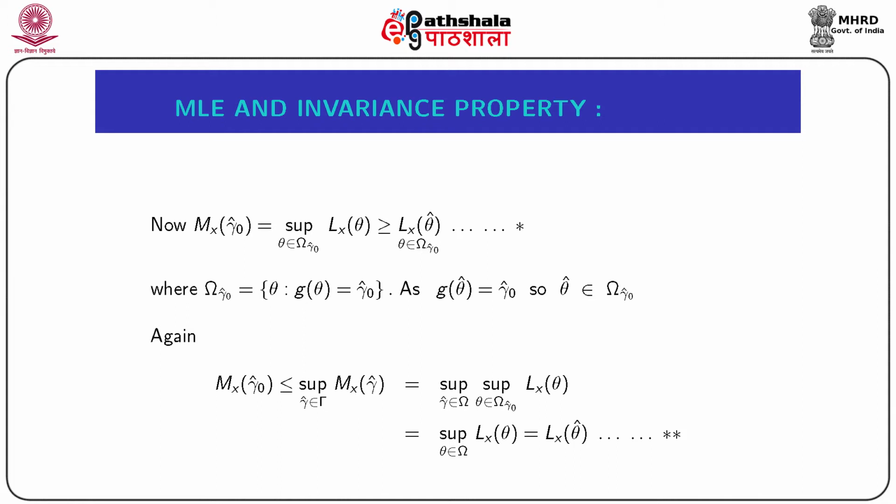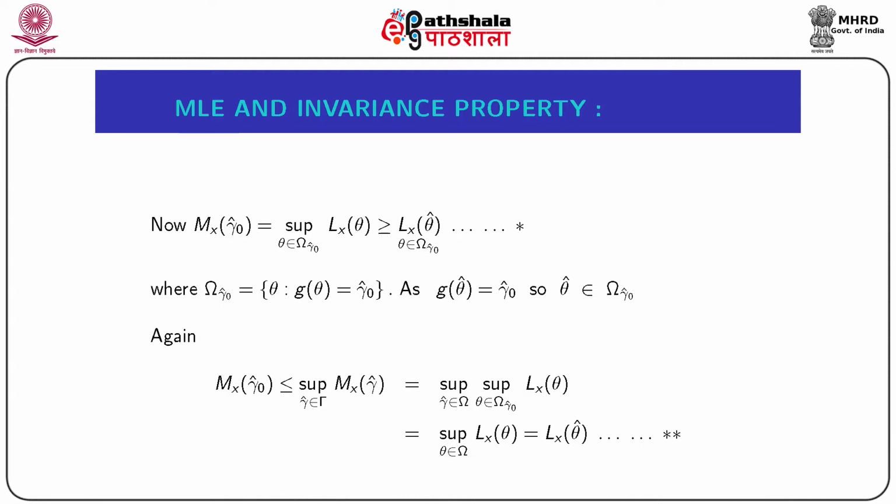Naturally, the supremum of L_x(theta) is greater than or equal to L_x(theta) for all theta belonging to the set omega at gamma naught hat, and that is nothing but our likelihood function L_x at theta hat. Let us denote this inequality by star. As g(theta hat) equals gamma naught hat, theta hat also belongs to the set omega at the point gamma naught hat.